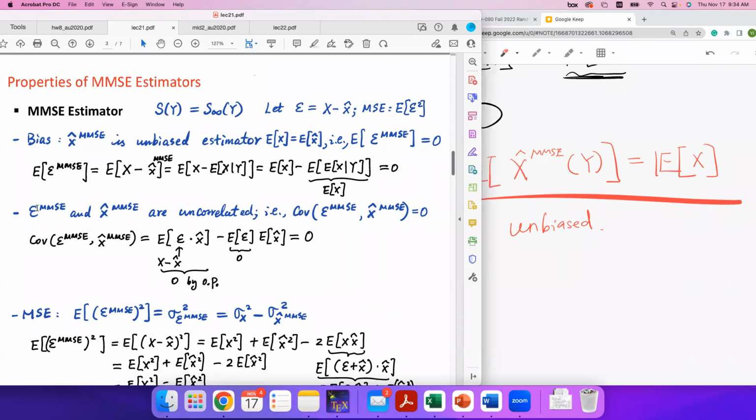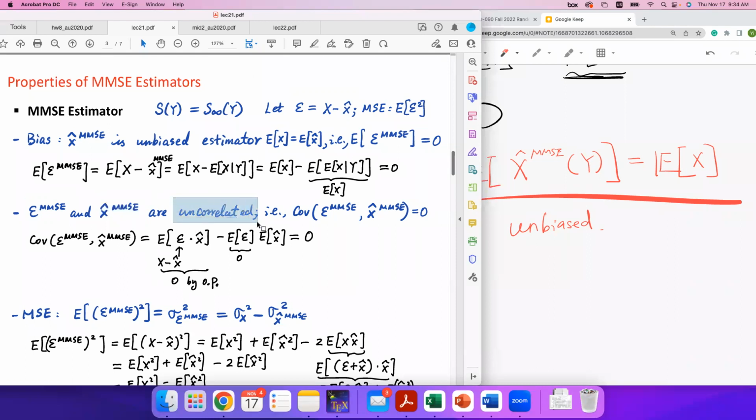And the second property, we can further look at other properties. It turns out that this error random variable is uncorrelated with your estimator x hat, your MMSE estimator.